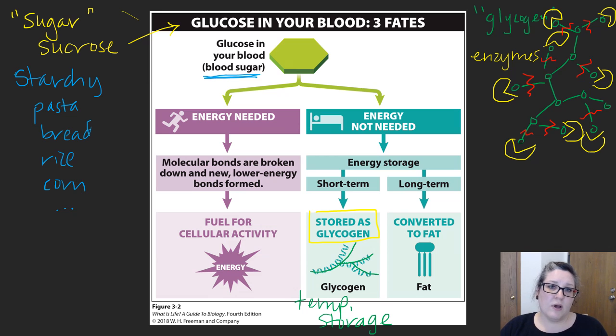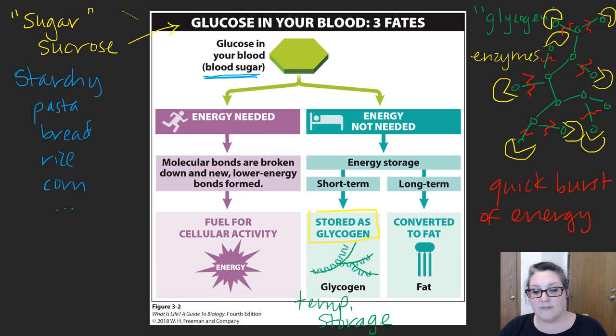We'll talk about why starch is not a quick burst of energy type thing. So that's what we get from glycogen, a quick burst of energy, due to all of those glucoses being broken down at once.